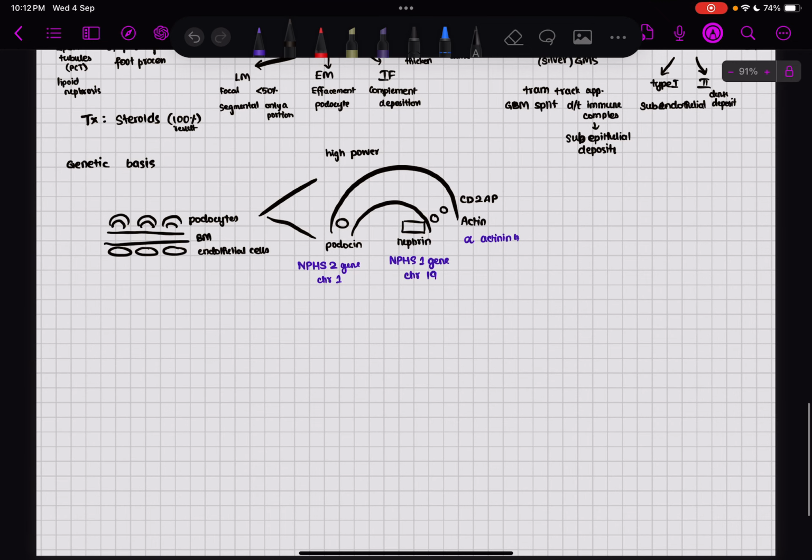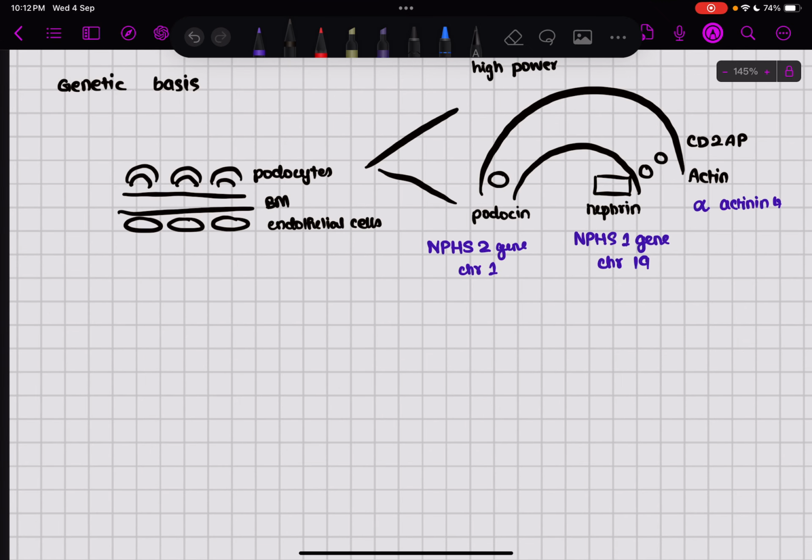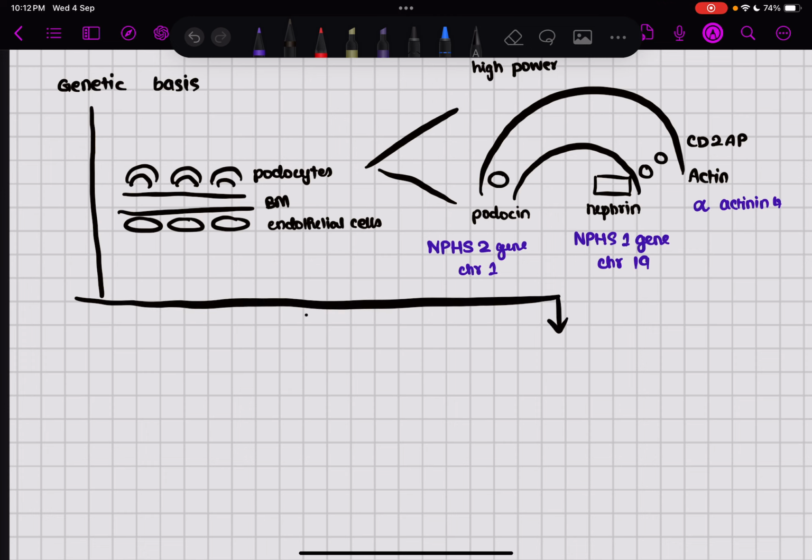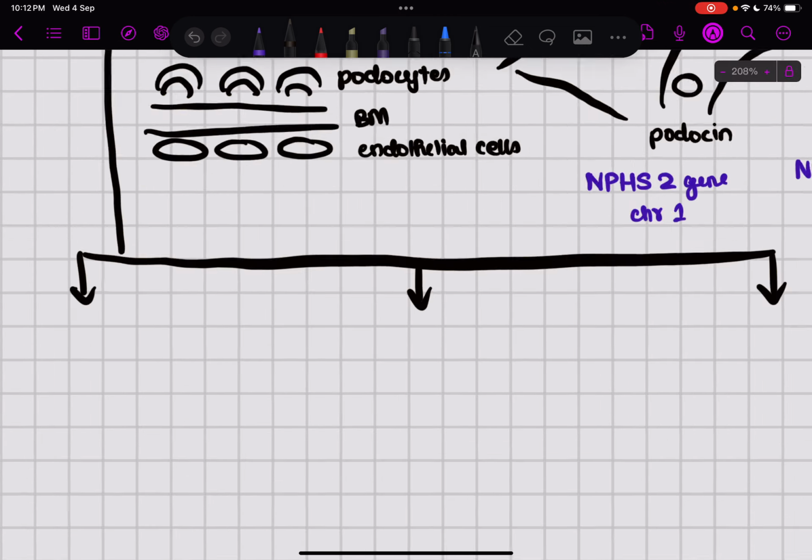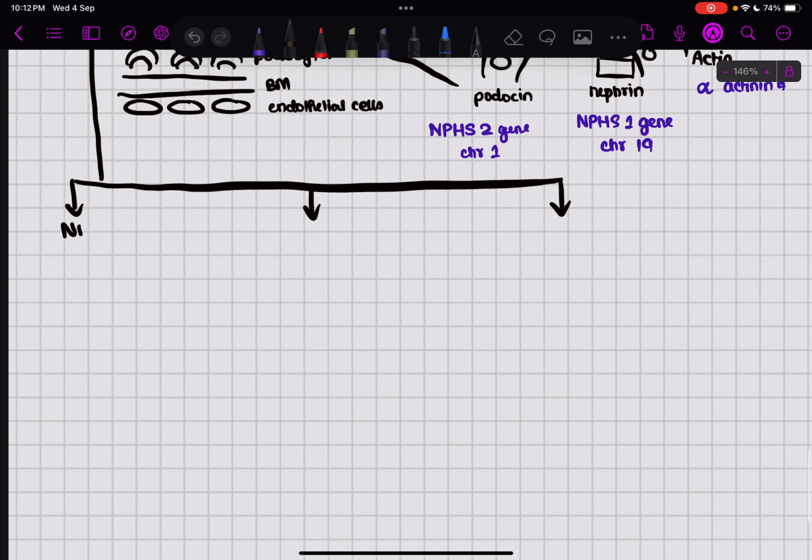Now, this genetic basis is split based on the genes. They are NPHS1, NPHS2 and alpha actinin 4.